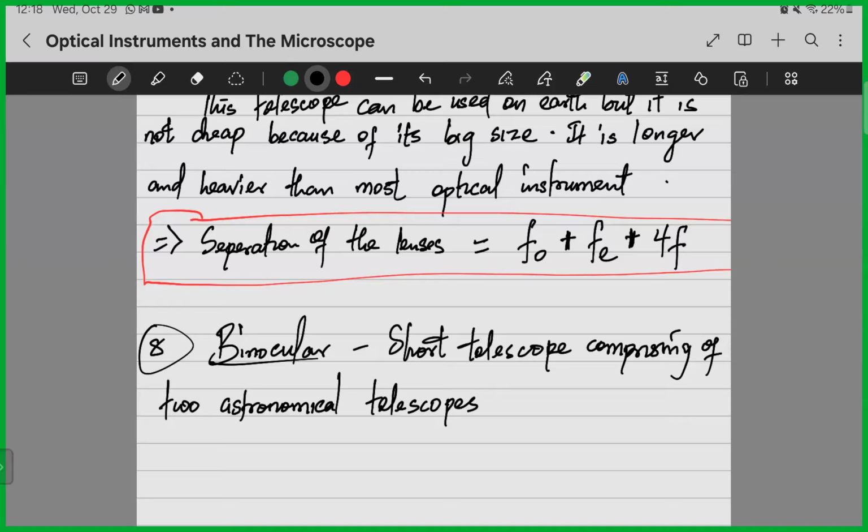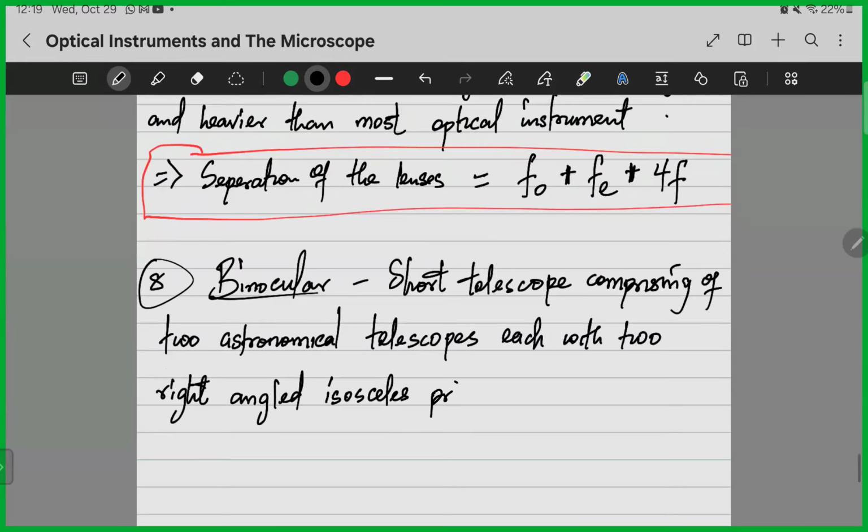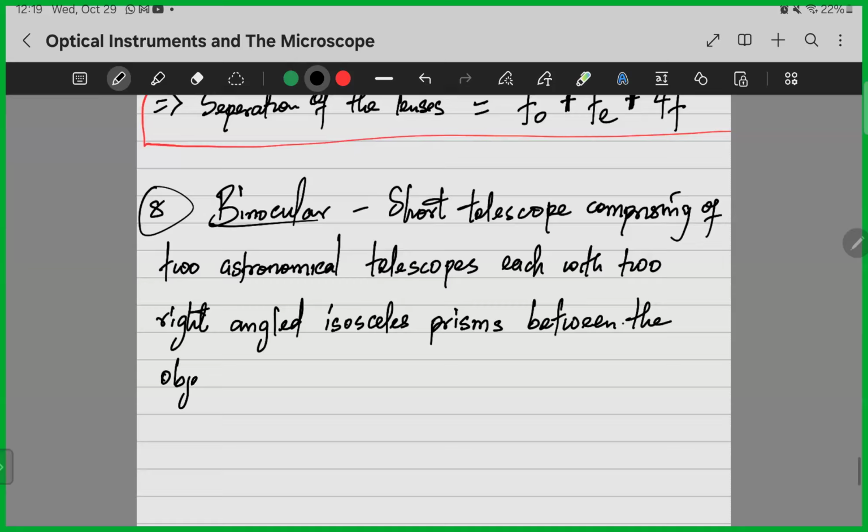Each of them has two right-angled isosceles prisms between the objective and the eyepiece.